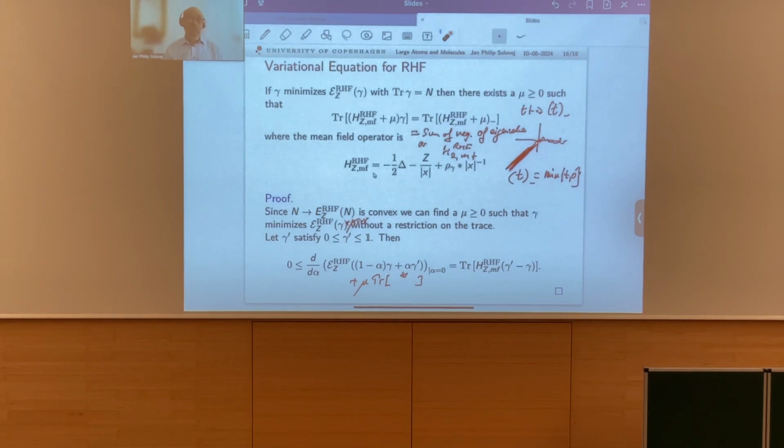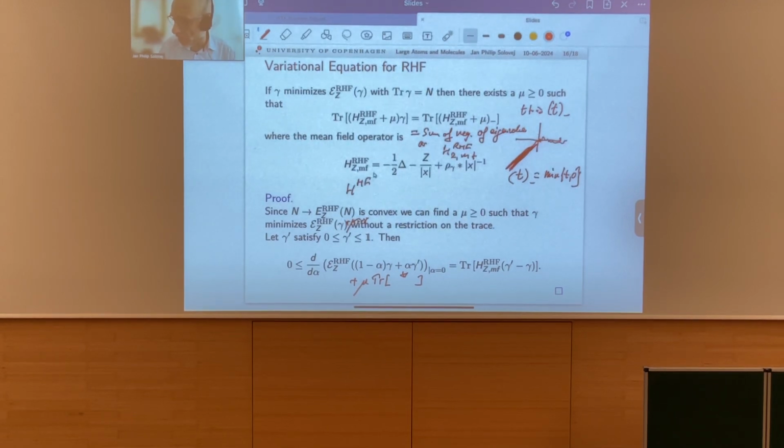Exactly. Yes, there is a similar thing there. I didn't want to write it down because it's a bit more complicated, and the thing is that for reduced Hartree-Fock, I did not include the exchange term. And that's why you have only that part in the mean field Hamiltonian. There is also a mean field Hartree-Fock Hamiltonian. So, maybe I can write it like this.